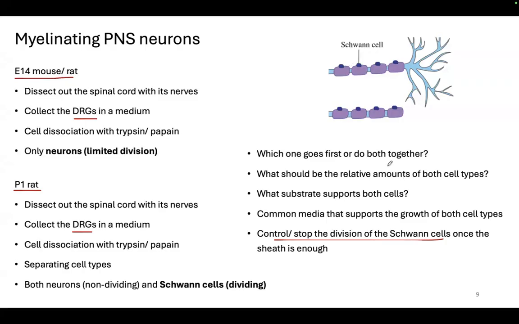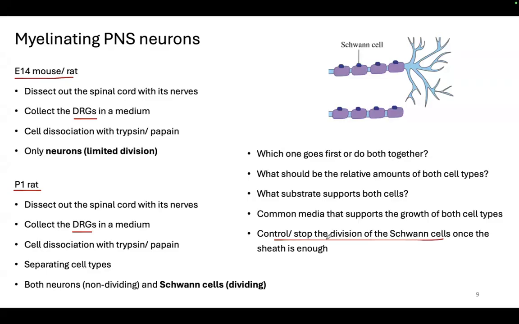So there's no one right answer, because normally in your actual development, neurons come first, then the Schwann cells. But we are not exactly controlling that in so much resolution, right? So neurons, then Schwann cells, and relative amounts depend on the rate of their division and how soon or late you want to stop that division.